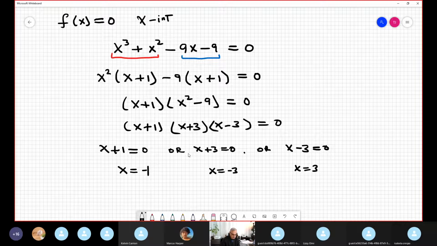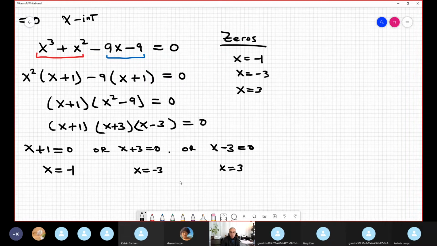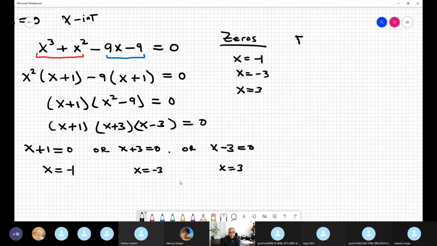Entonces listing the zeros, the zeros of this polynomial are x equals -1, x equals -3, and x equals +3. These are the zeros and the factors. It's an important concept you need to be clear on.